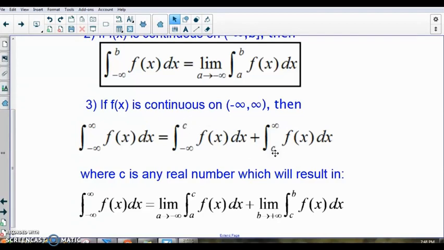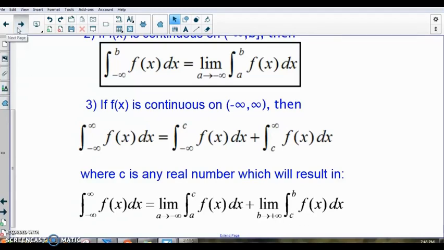So pick a spot in the middle, wherever it works for you. 0 works great. Then you rewrite the whole problem, where this bottom bound is replaced with the letter A, and this top bound is replaced with the letter B, and the c's are actually going to be an actual number.